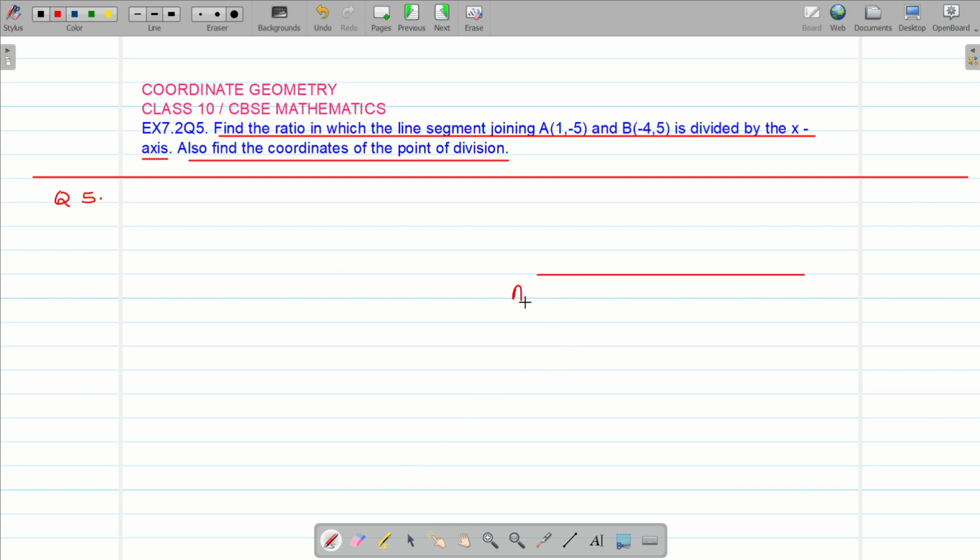The point A is 1, -5 and B is -4, 5. And P is a point on the x-axis, x, 0.